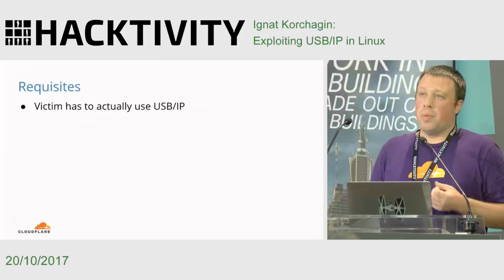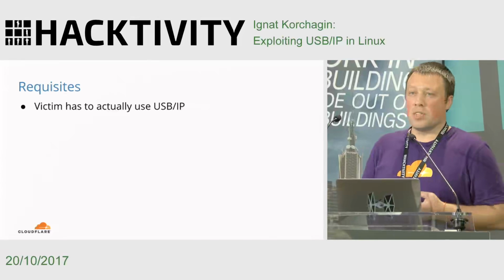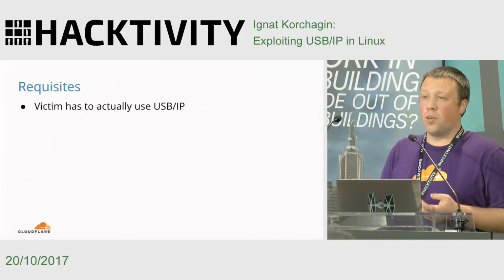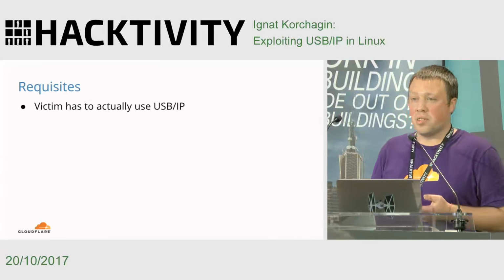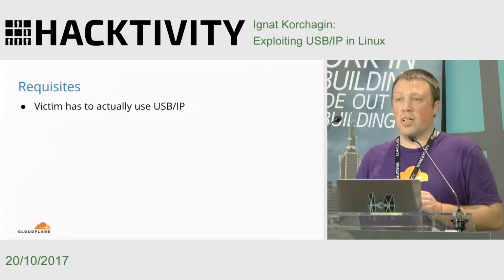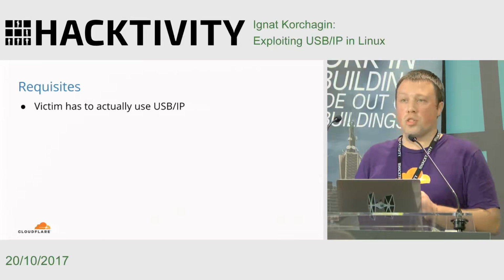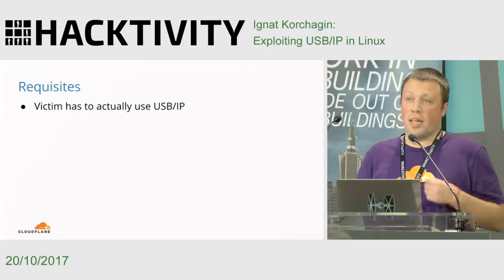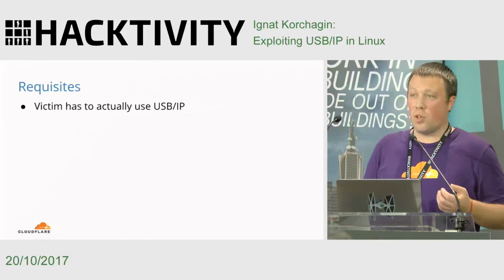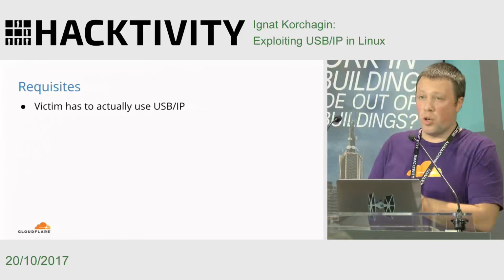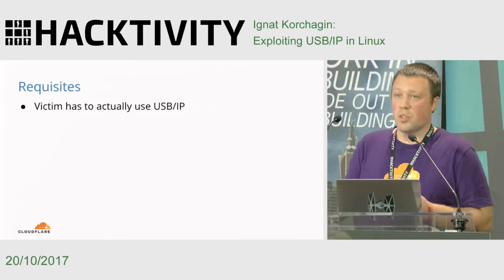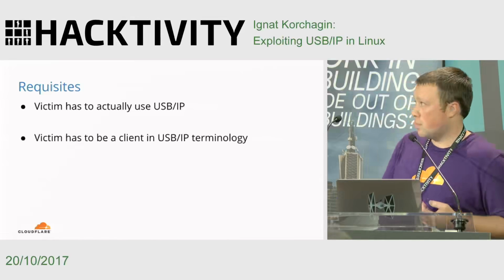USB IP has been merged into the mainline kernel since version 3.17, and it's enabled by default in most major Linux distributions, but by default the modules are compiled as separate kernel modules, not in-built kernel functionality, and all USB IP tools explicitly load those modules when you start using this technology. So technically, if you don't use USB IP, the modules are probably not loaded, so you are probably safe because you don't have any vulnerable code in your kernel.